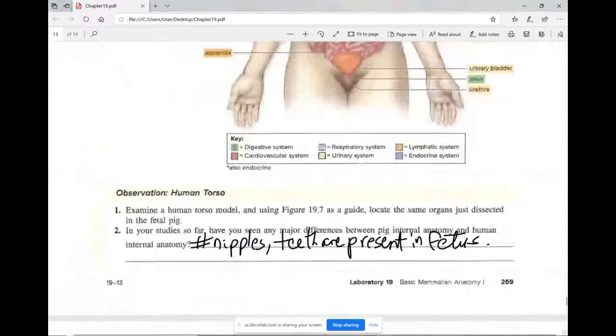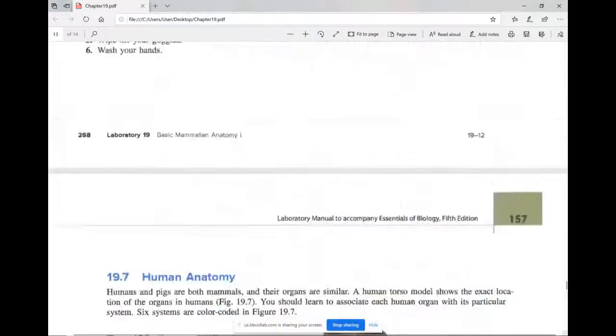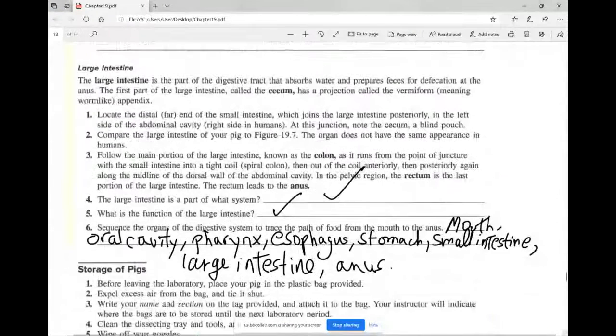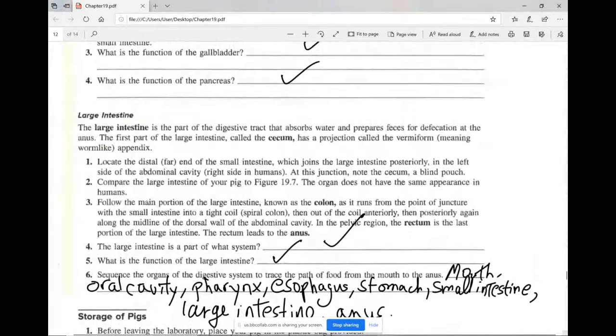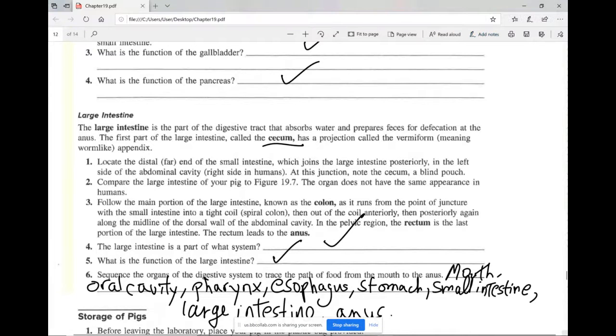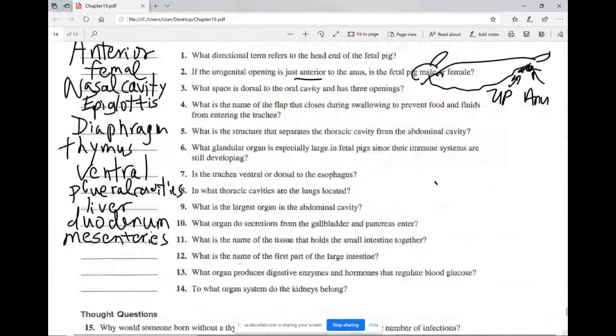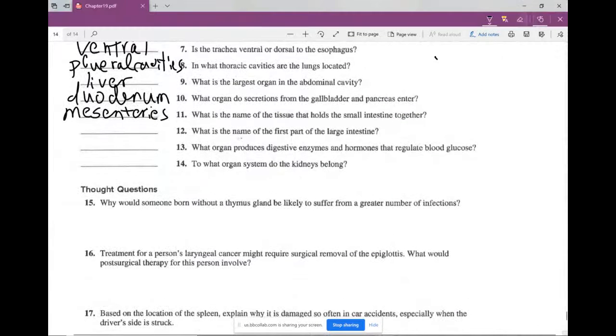The main portion of the large intestine is the colon. And the first part of the large intestine is called the cecum. Okay. Which I never teach, but whatever.